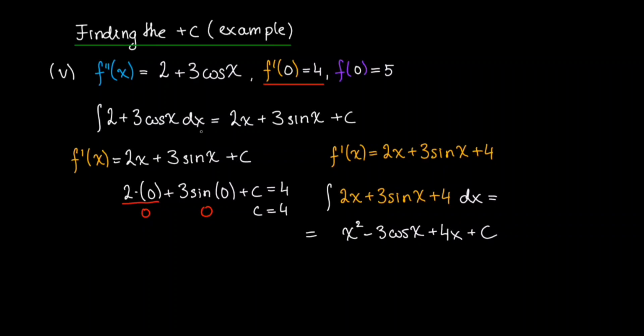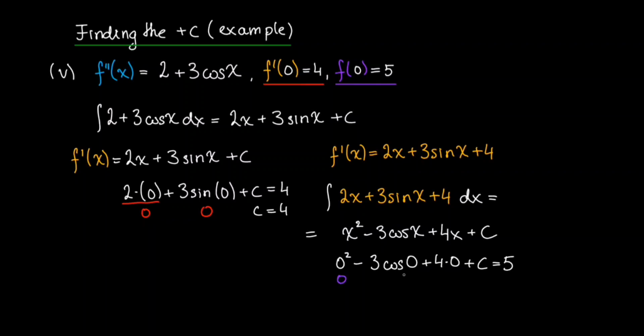Once again, just like with the first derivative, in order to find that c, we have to use the initial conditions given in the exercise, where it says if I plug in 0 into this expression, I would get 5. So that means 0 squared minus 3 times cosine of 0 plus 4 times 0 plus c is going to be equal to 5.